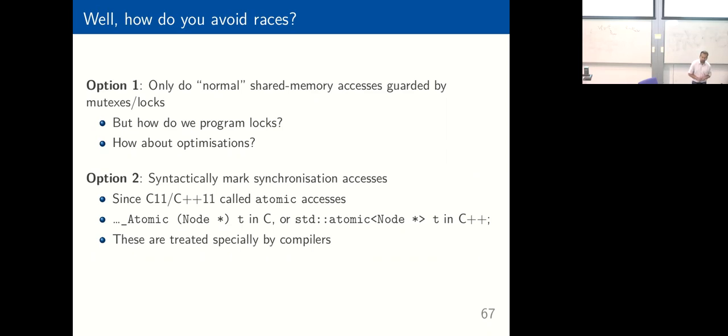So you call them synchronization accesses, or to use the correct terminology in C and C++ terms, atomic accesses. These are syntactically marked in the program. So the compiler can indeed look at them, pay attention, and do special stuff that it wouldn't do for your normal accesses.